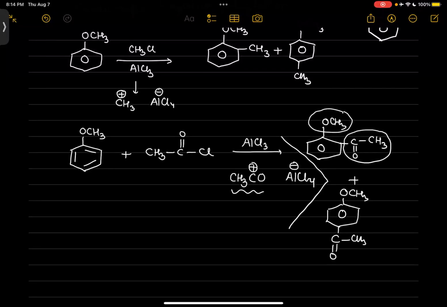So this para product is going to be the major product, formed in large amount. I hope this is clear to all of you, right?